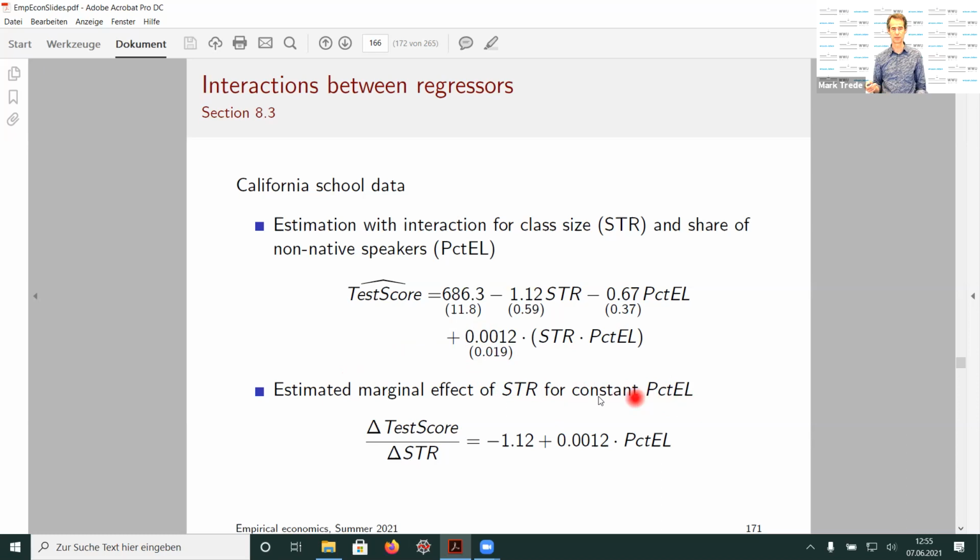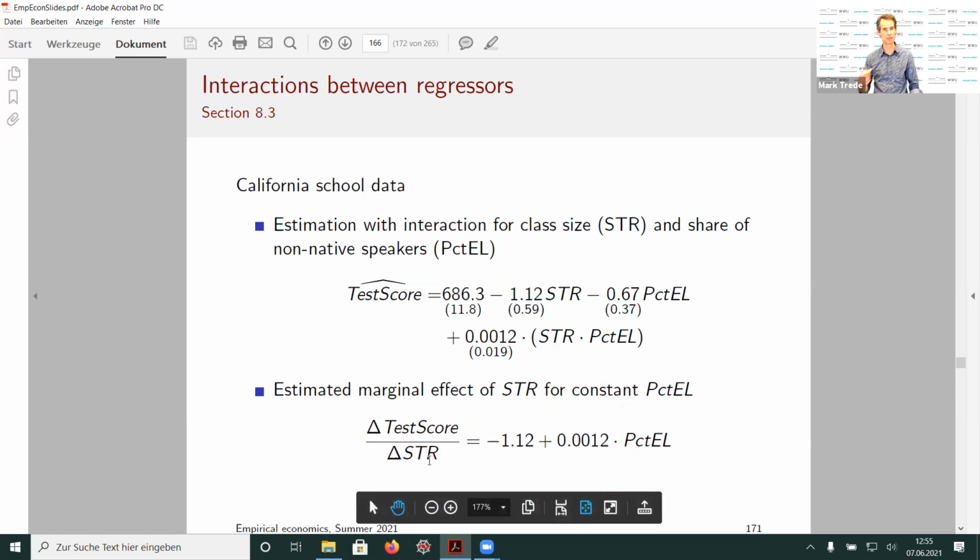English learners. And if we just use the formula we derived on the previous slide, we can see that here we have the beta 1 minus 1.12, but then we also have the interaction term here. Okay, so the larger the percentage of English learners, the higher this term here.